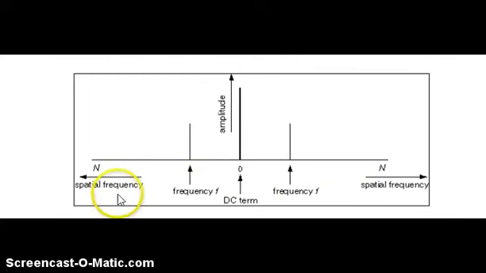And in the Fourier transform, when you're plotting the frequencies in the spatial frequency, you will always see that it also plots a mirror reflection on this side. I have some more examples to show you coming up right after this, to show you what the mirror image or the reflection of it is.